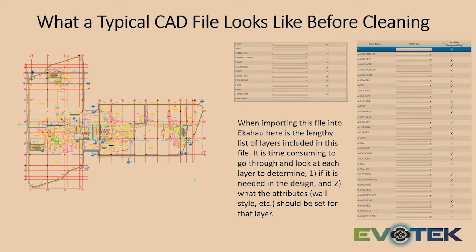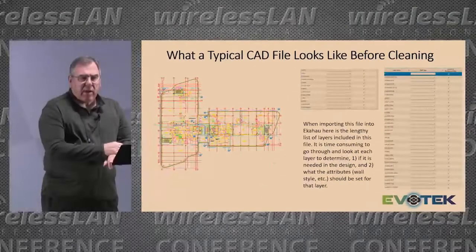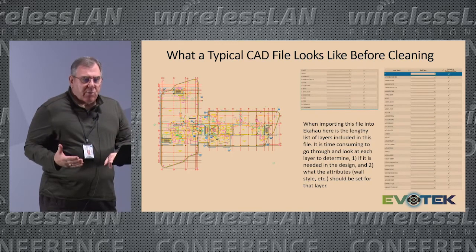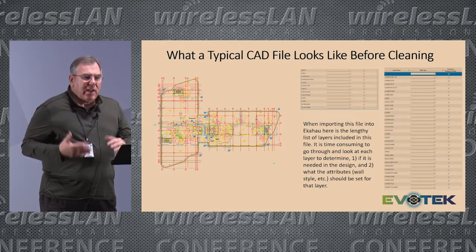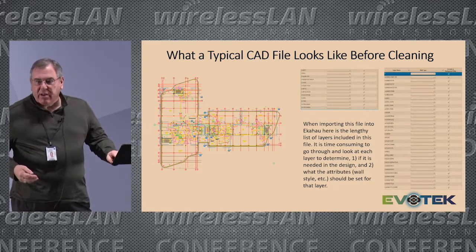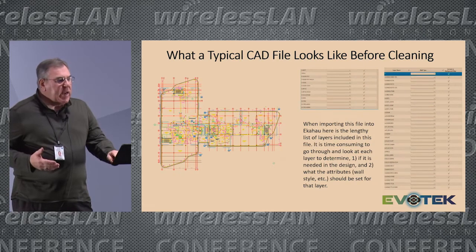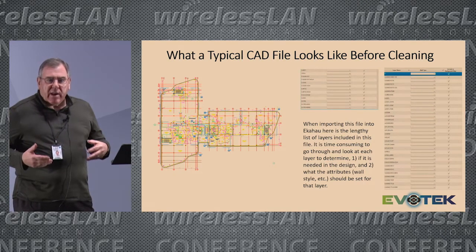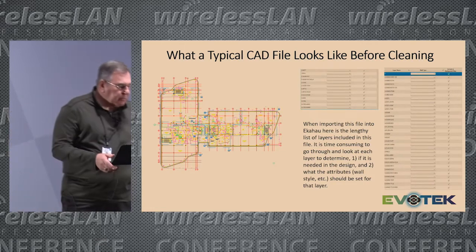But the problem with that is when you have some very large floor plans and you have a lot of layers, that file is huge when you bring it into Ekahau. And even though you turn off those layers, they're still there. Then as you start adding your survey data or your design data to that file, it just starts getting bigger and bigger, and then everything slows down.